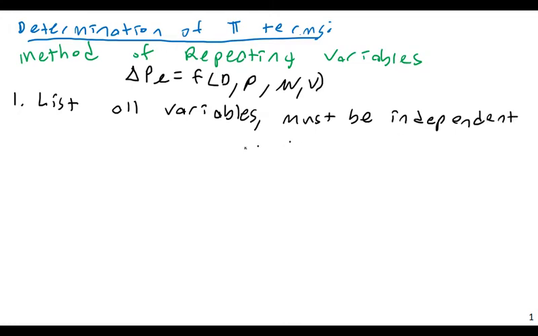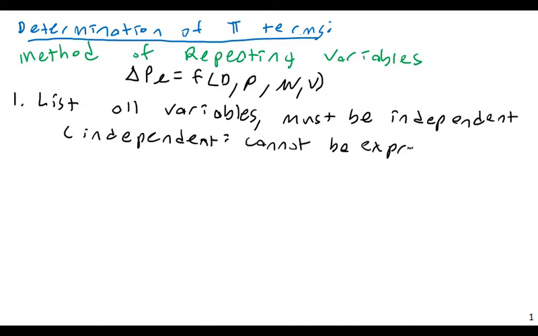And what do I mean by independent variables? Well, independent means that they cannot be expressed in terms of each other.